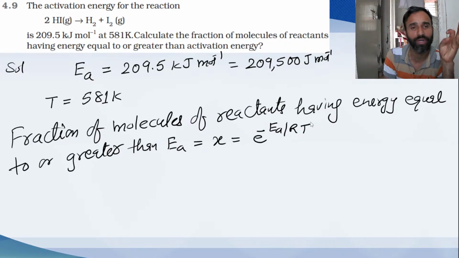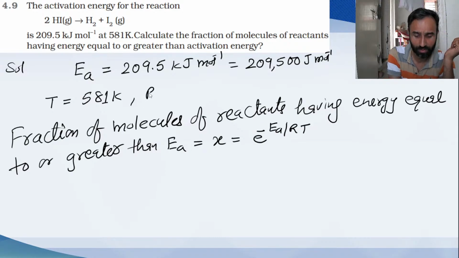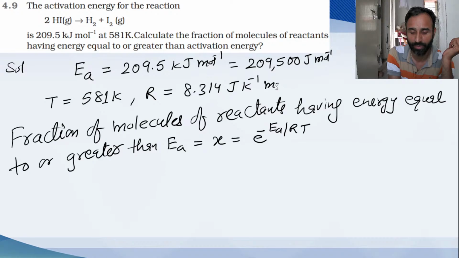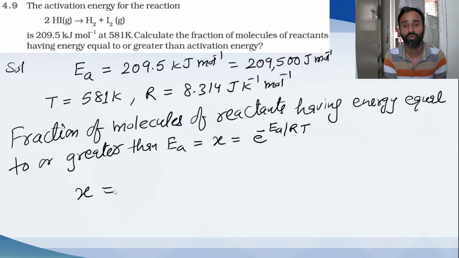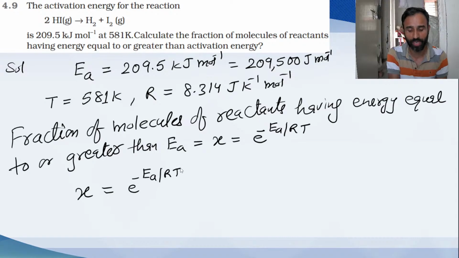Activation energy we have, temperature we have, R we know. So all the values we know. Just take R as 8.314 joule per Kelvin per mole. X is E raised to power minus EA by RT.